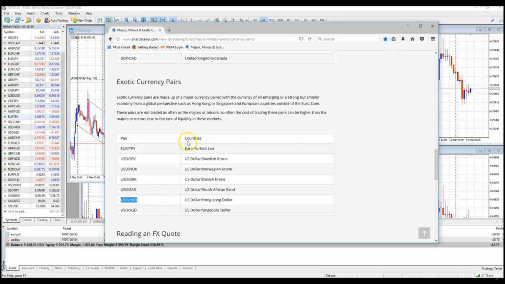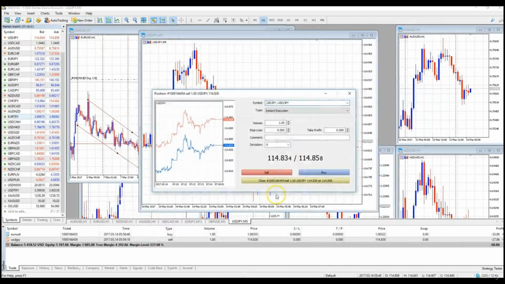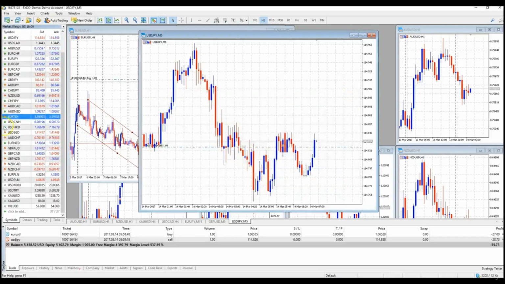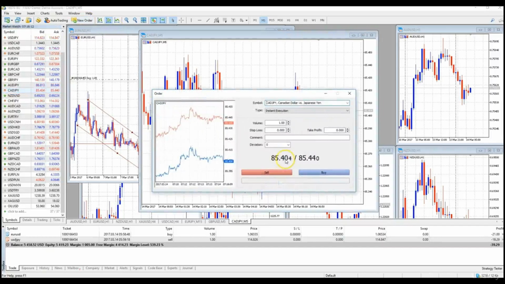Now, the difference between trading majors, minors, and exotics, it's mostly the pip spread. So if we take a look at USD yen, the pip spread here is about 2 pips. Okay, and let's take a look at a minor. So CAD yen, the pip spread here is about 3 or 4 pips, give or take.